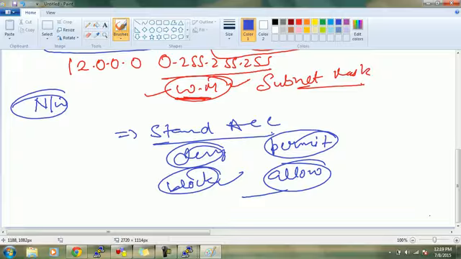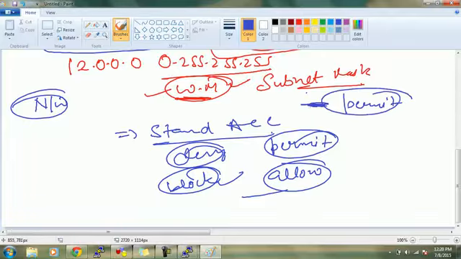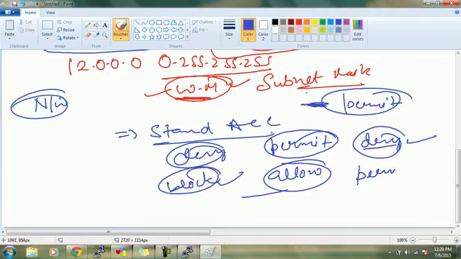And when I deny something, every other thing will also be denied by default. So when I write the first statement as permit, that particular thing will be permitted, other things will be denied. If I deny something, this thing is denied, but all other things will also be denied. So if I am writing a deny statement, after deny I have to write a permit statement. It's necessary.